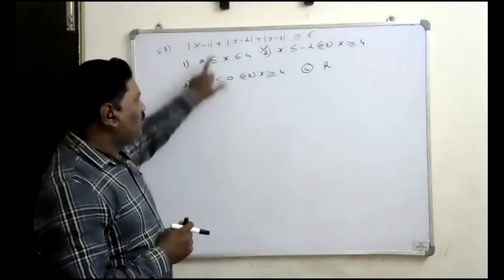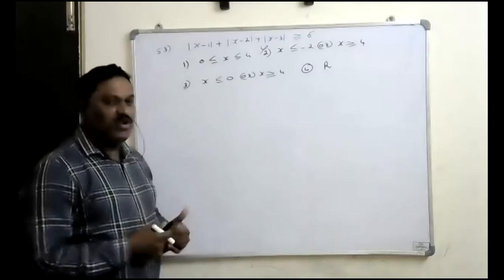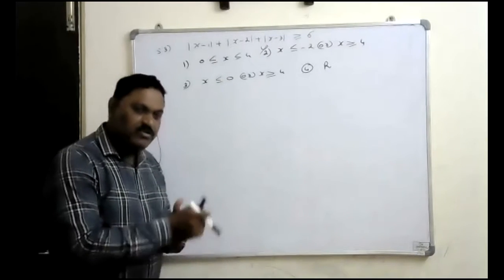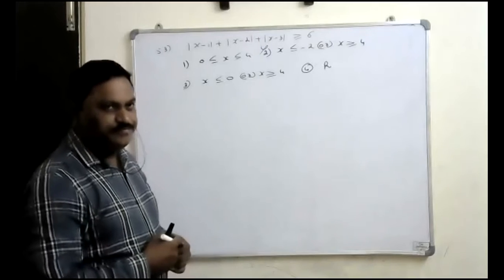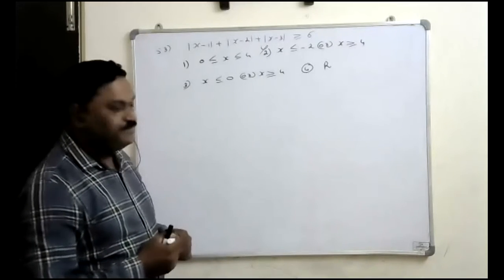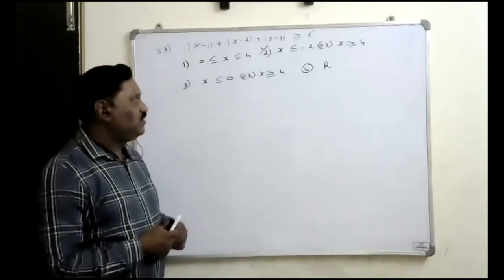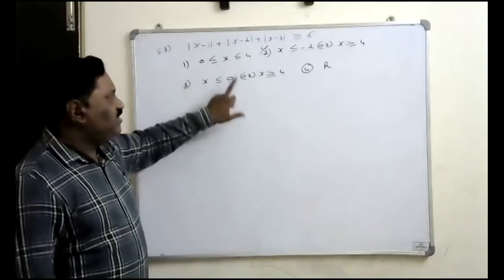Now observe these two also. Tell me one value of x which lies in one interval and not in the other. Can we take 1? Okay, 1 is lying here, not lying here.